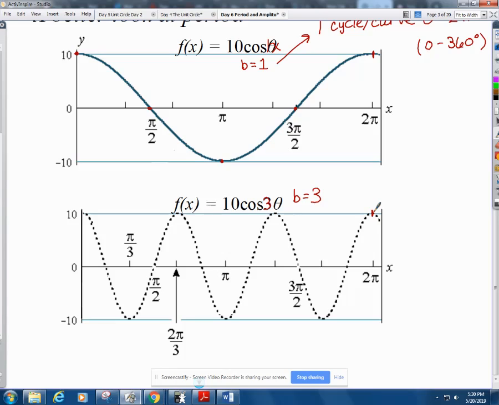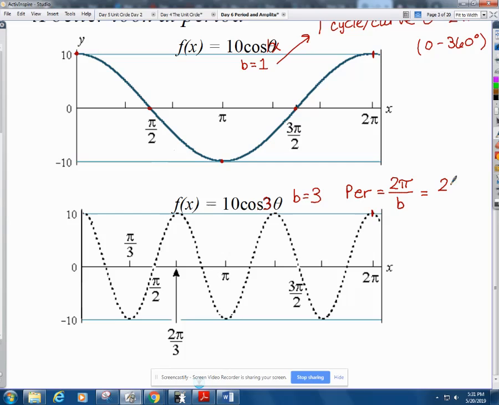So the way we're going to do this is first figure out the period, because I want to be able to graph that. That last one was kind of difficult for me because we couldn't break the graph into thirds neatly. But you calculate the period, and we always do that by calculating 2 pi, because that's the length of one cycle normally, and we divide it by whatever B is.